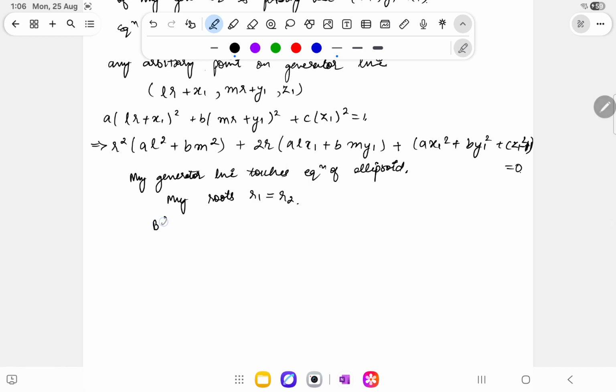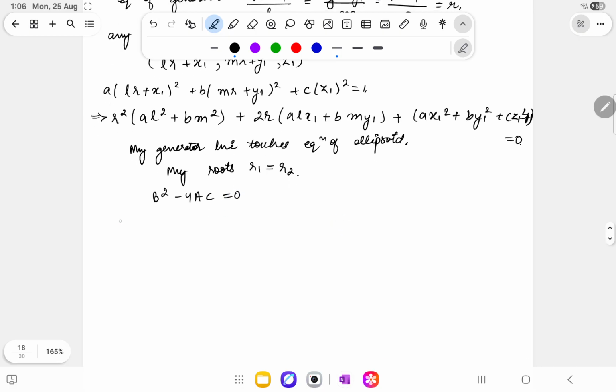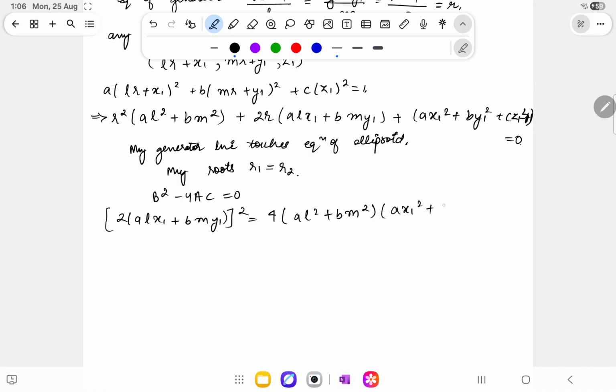So putting b square minus 4ac equals 0, I'll get: my b is 2 into (alx1 plus bmy1), squared, equals 4 into a, where a is (al square plus bm square), and c is (ax1 square plus by1 square plus cz1 square minus 1).